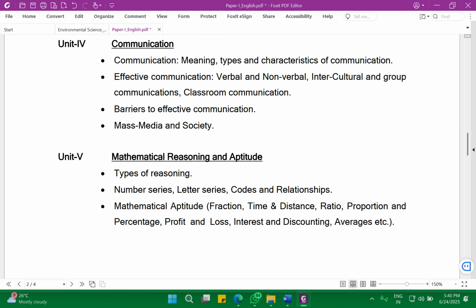So next one is communication. In communication, we may expect some questions related to barriers and some questions related to what are the characteristics of effective communication. And some questions may give an example, and they may ask whether this is verbal communication or non-verbal communication.